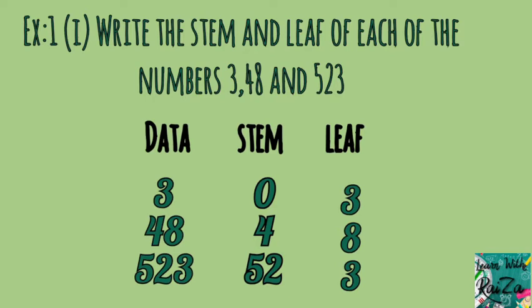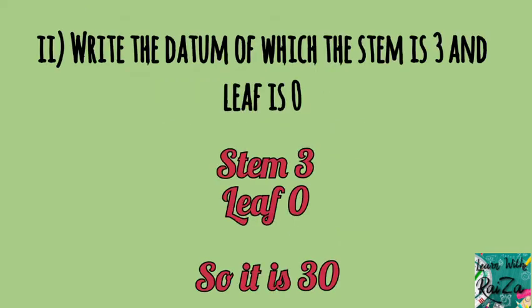And 523, it is a number between 100 to 999. Did you notice that? Yes, 100 to 999. So, the value in the units place is indicated as the leaf, and the value in the tens place and hundreds place considered together is indicated as the stem. So here that is 52.